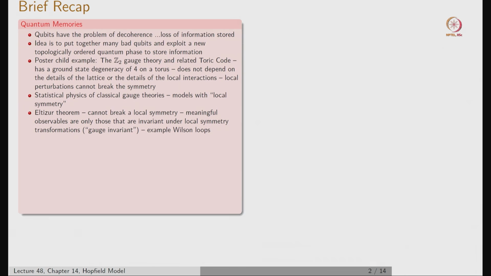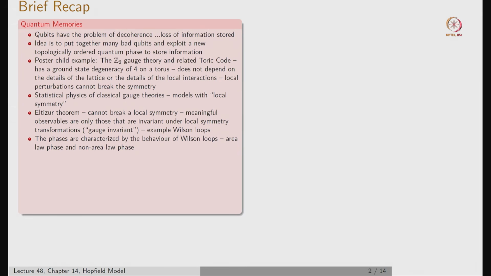We found a very nice class of observables which are indeed gauge invariant, and these are called Wilson loops. We saw that the classical version of the toric code that we discussed has what is called an area law phase at any finite temperature, and the zero temperature phase is not area law, and that is the phase that has all the interesting topological properties.